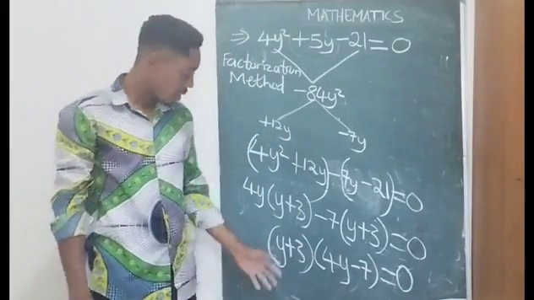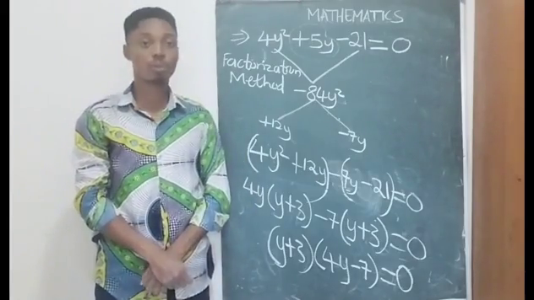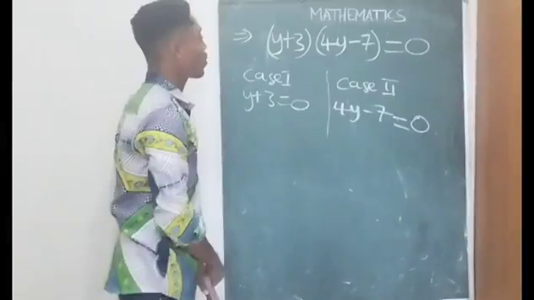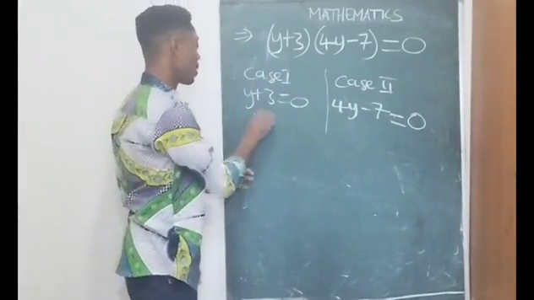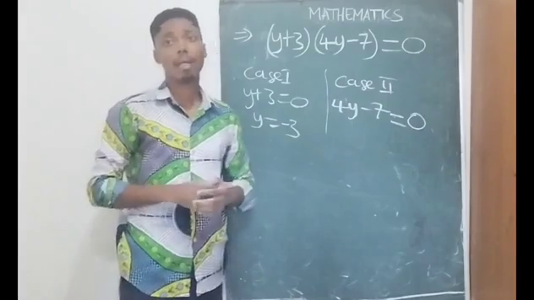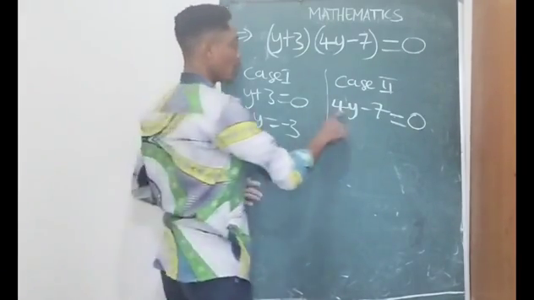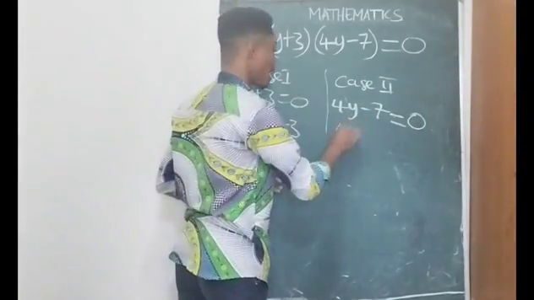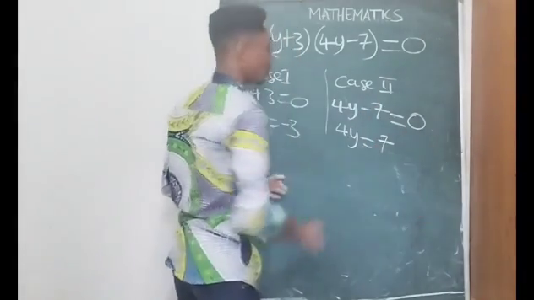We'll proceed so that we can find the two solutions. In the first case, y plus 3 equals 0, so y is equal to minus 3. The second case, 4y minus 7 equals 0.